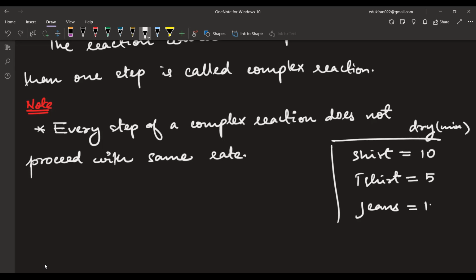And the jeans take 15 minutes. Please answer me in chat. What will be the total time taken to dry all of these items? If I have to dry these three things, shirt, t-shirt, and jeans, how much time will be taken? What happened, guys? Please answer fast.